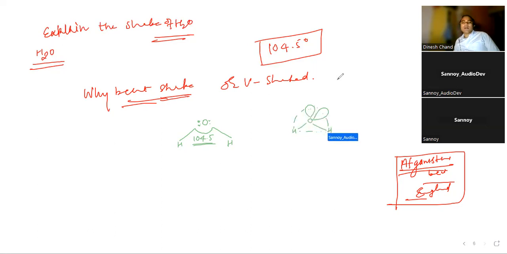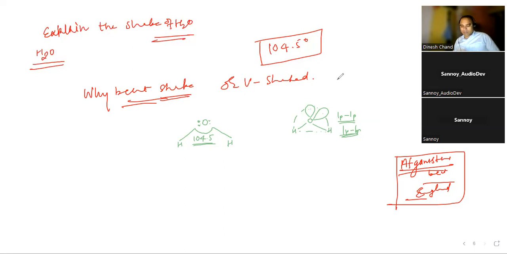The lone pair repulsion is more than the lone pair bond pair repulsion, so this angle reduces to 104.5.